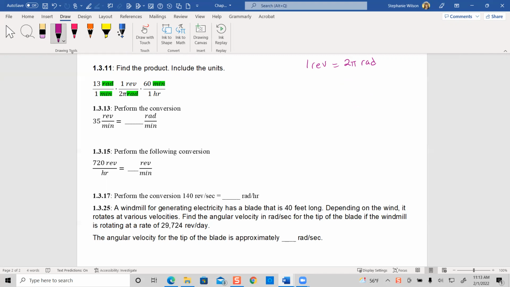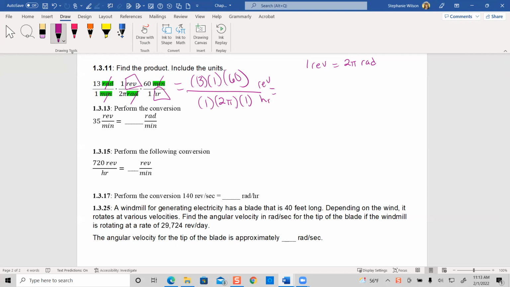So the way it's set up, the radians reduce, the minutes reduce, and it leaves me with revolutions per hour, which makes sense. So what we need to do first is say 13 times 1 times 60, all divided by 1 times 2 pi times 1. And we don't forget it's revolutions per hour.